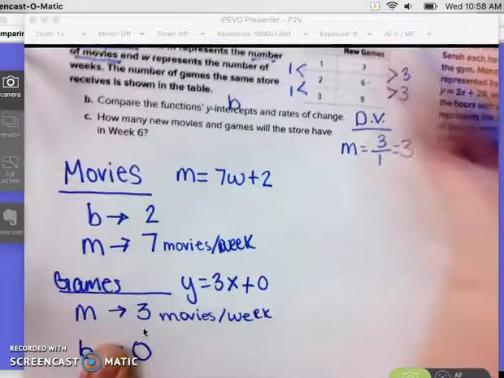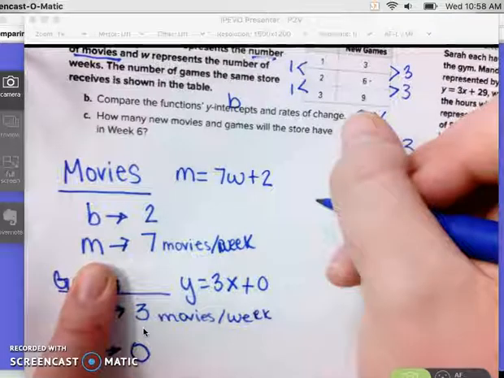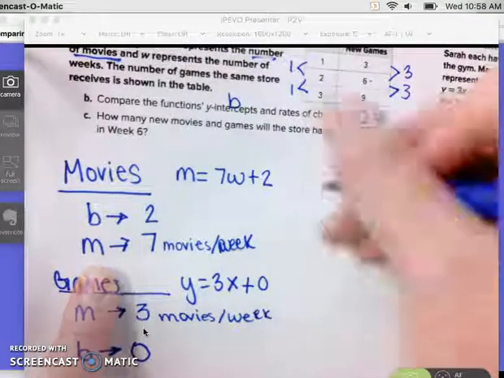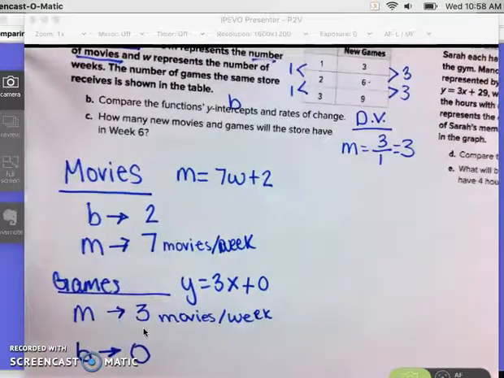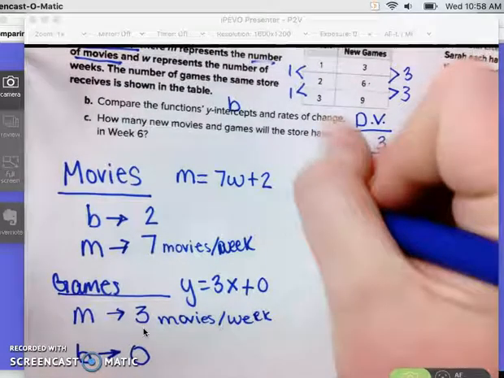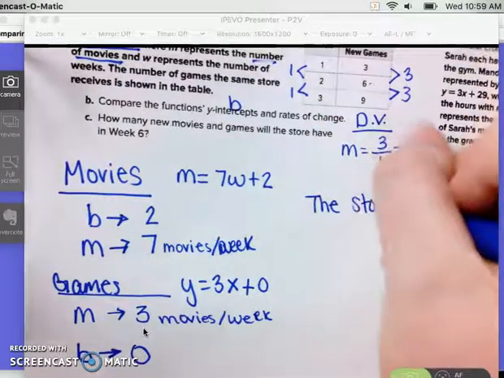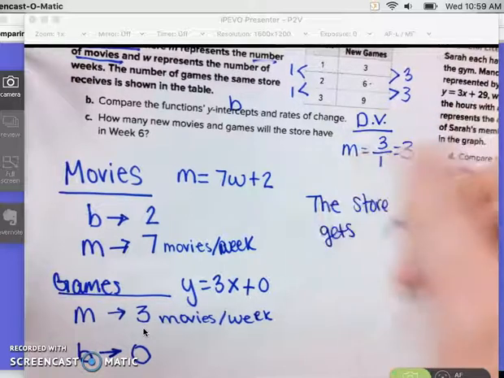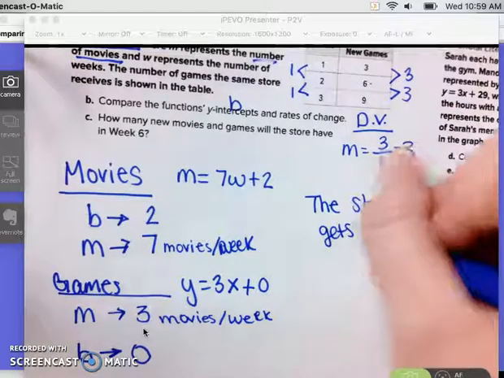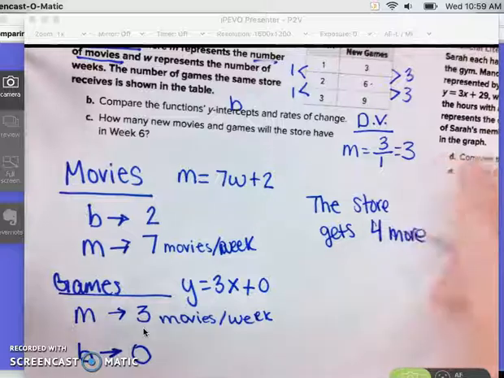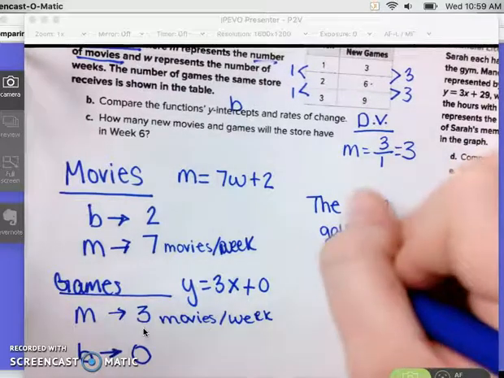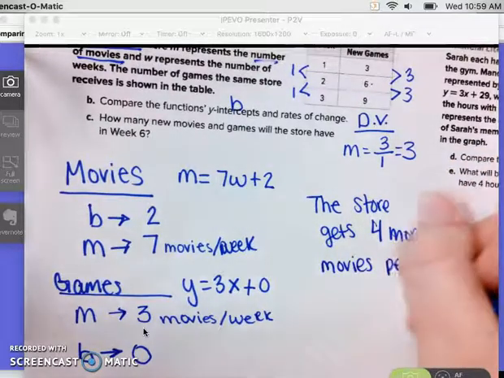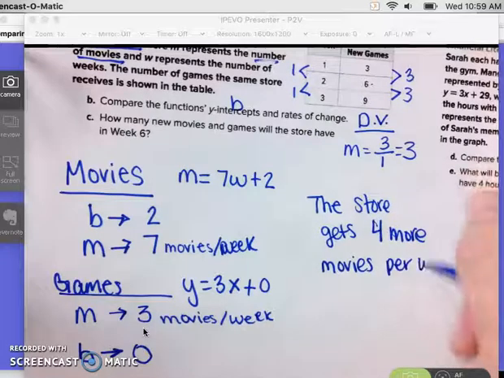So the store gets 7 more movies than games a week. Not 7 more. I meant 4 more, sorry. 4 more movies per week.